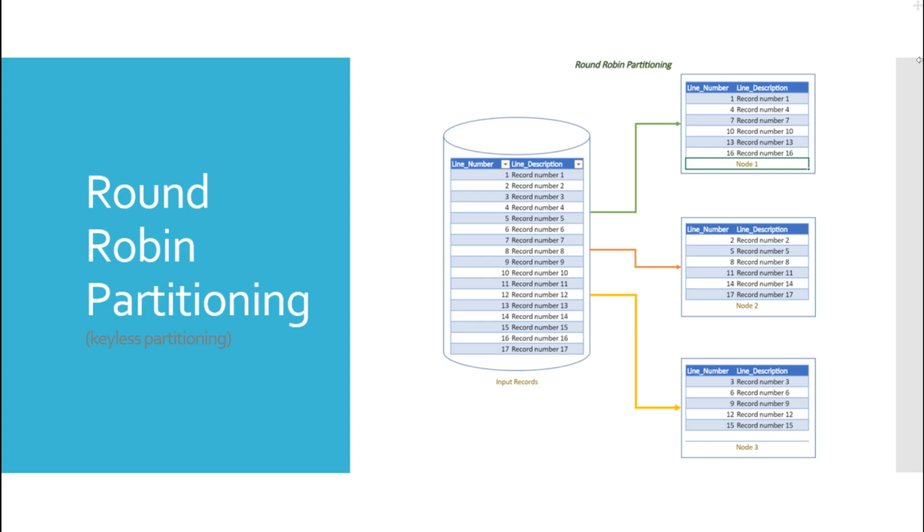In this example we have a total of 17 records in the input dataset, from which the first record went to first processing node, second record went to second processing node, third record went to third processing node.